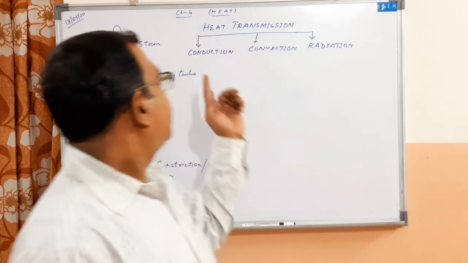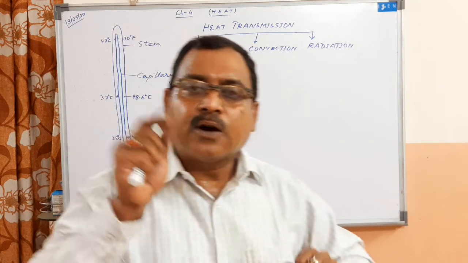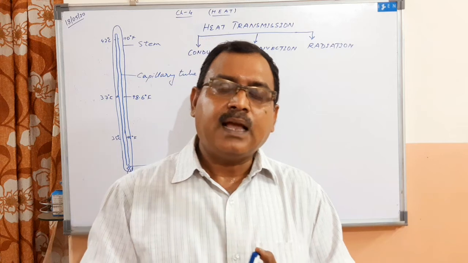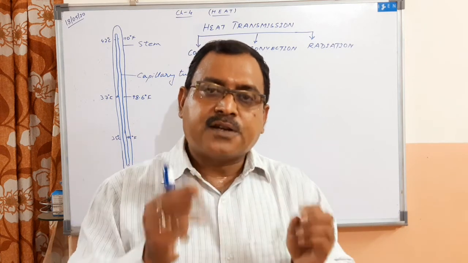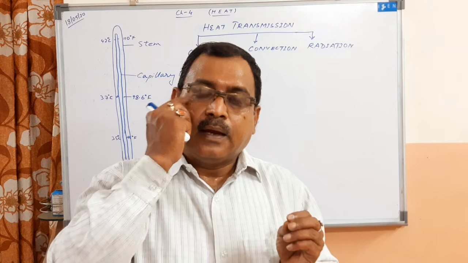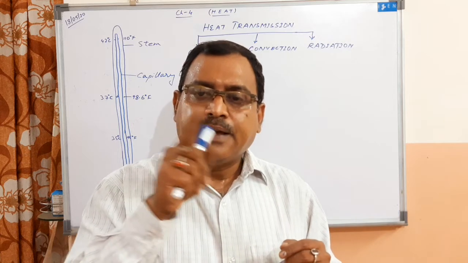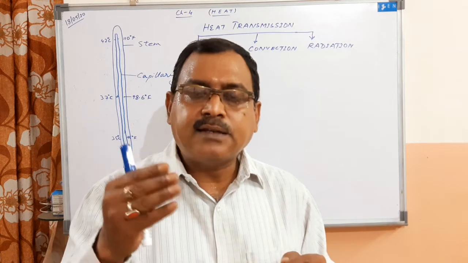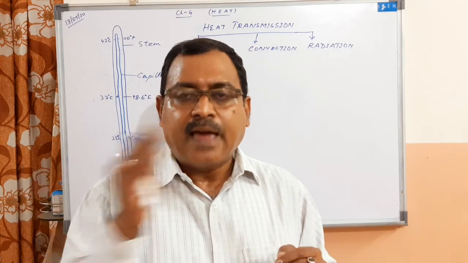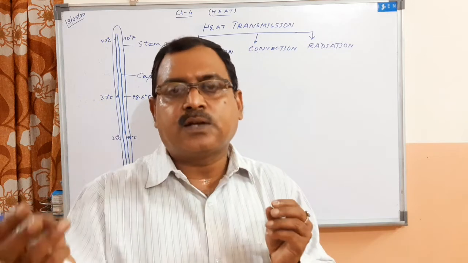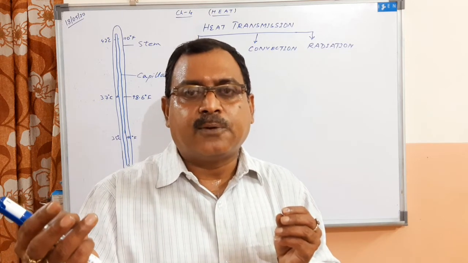First is conduction. In conduction, what happens? As an object is heated, now every object has molecules in it. The molecule gains energy, it starts vibrating. As it starts vibrating, it collides with the molecule next to it, and as it hits, it transfers the energy to the next molecule.